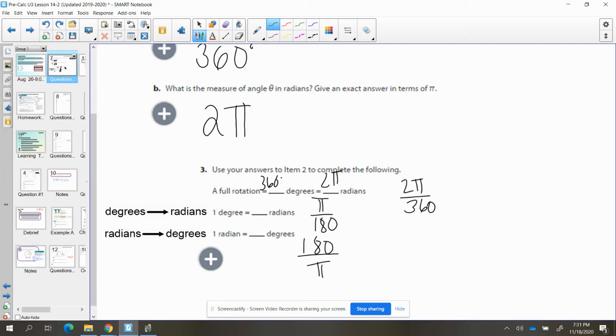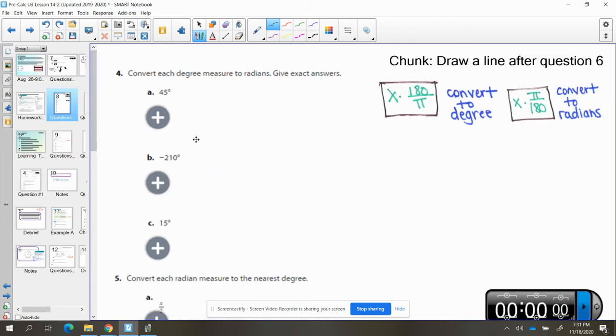Now, if we are going to use these, we are going to convert. So reminder, when you're converting from degrees to radians, you're going to multiply each time by pi over 180. We're going to simplify the fraction, and our goal is to leave this as exact answers, aka leave the pi in there.